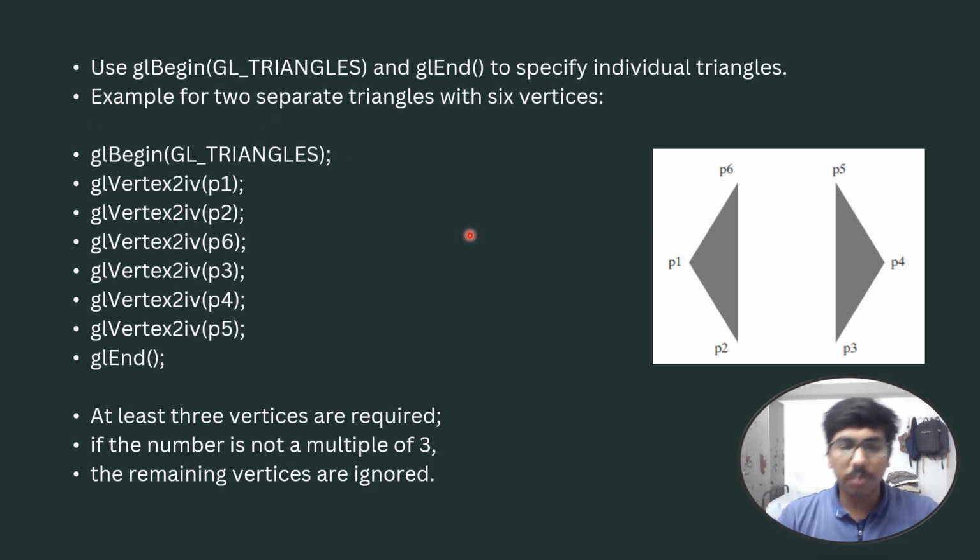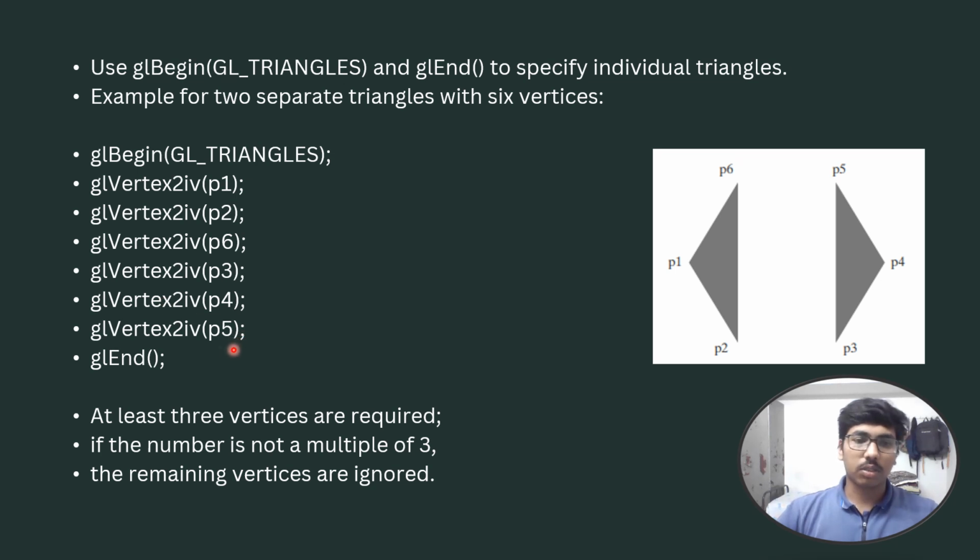Now using GL_TRIANGLES, we can specify individual triangles. Here, since we are mentioning six vertices, we can only see two triangles, which are separated. This is because a triangle has three sides, so it will only choose 3 points at a time. P1, P2, and P6 are chosen here, and P3, P4, and P5.